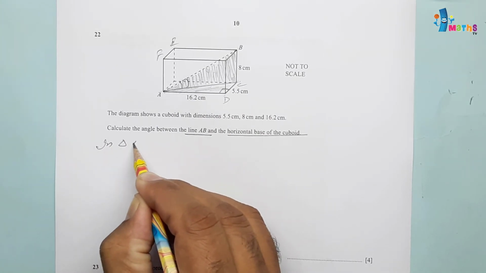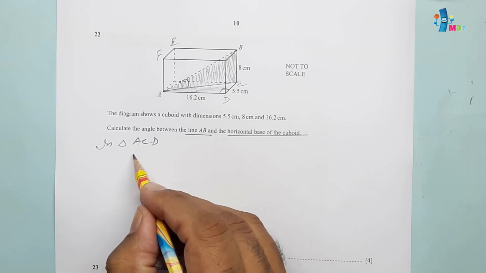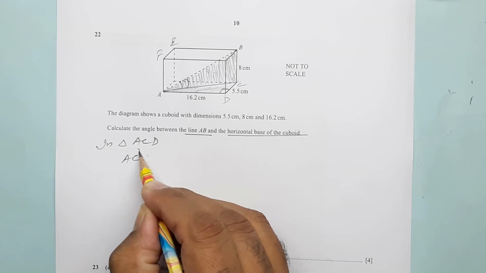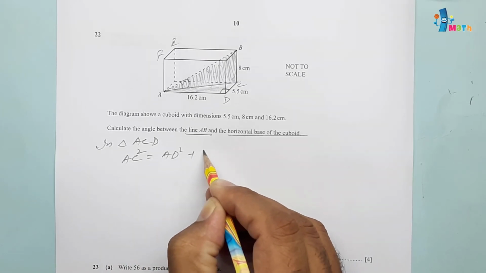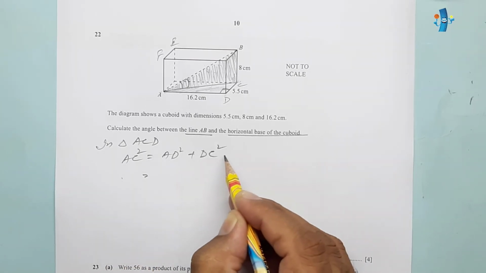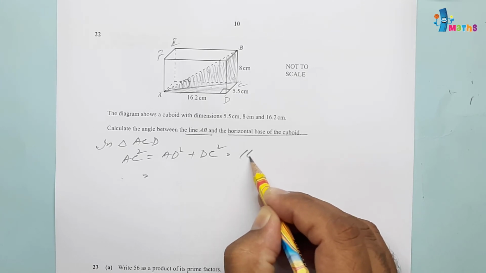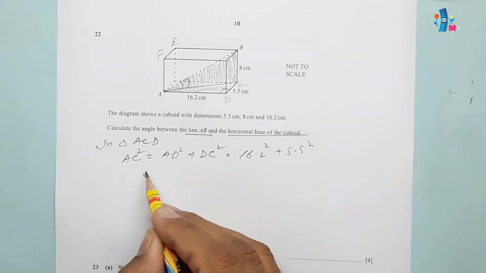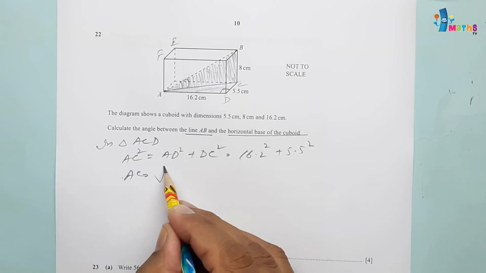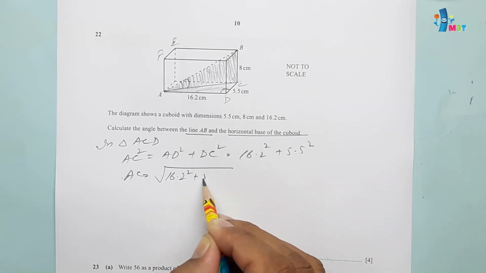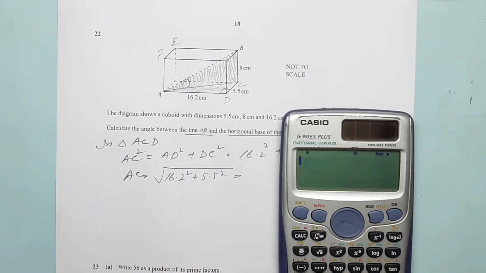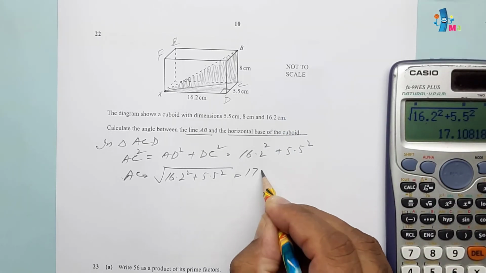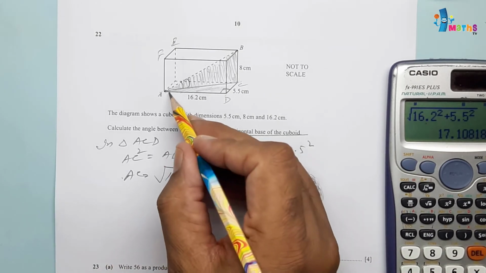In triangle ACD, AC squared equals AD squared plus DC squared, so AC is equal to the square root of 16.2 squared plus 5.5 squared, which is 17.108.